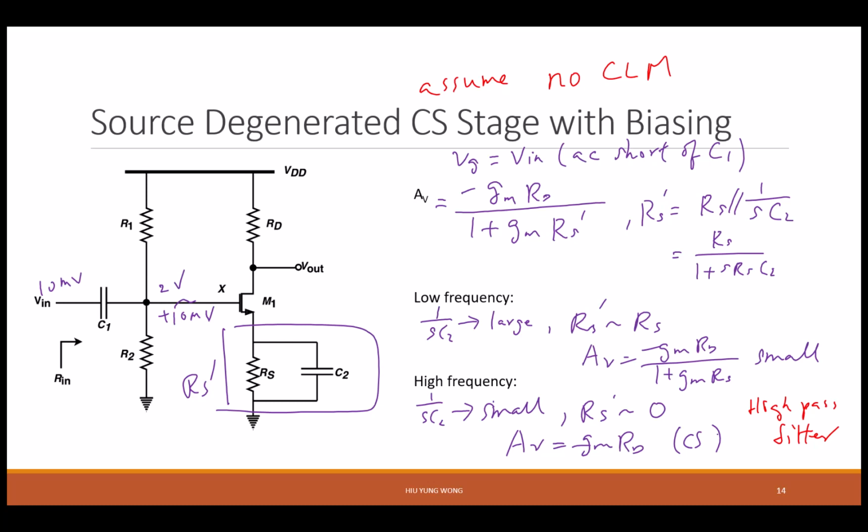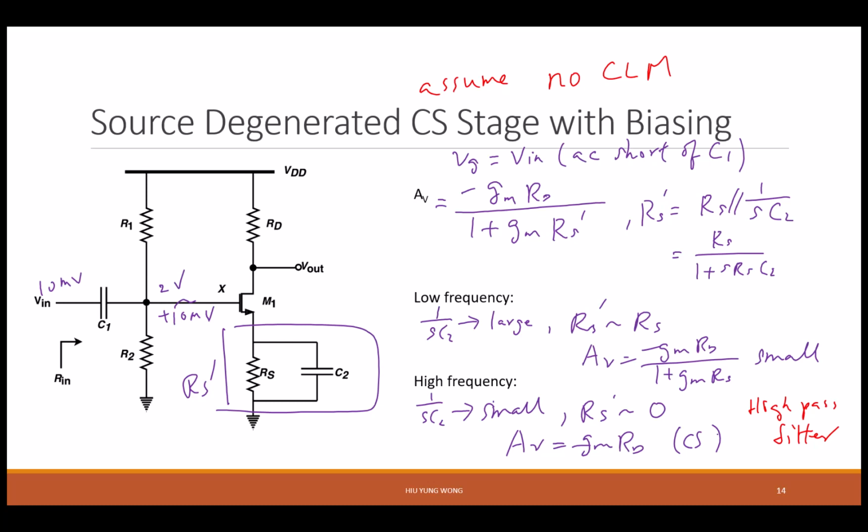Now, but let's think about it. What happened at low frequency? At low frequency, 1 over sC2 is what? When the frequency is low, this is really large, right? Now in DC, it becomes infinity, right? So RS dash is approximately equal to RS. Because this is open circuit at low frequency, right?